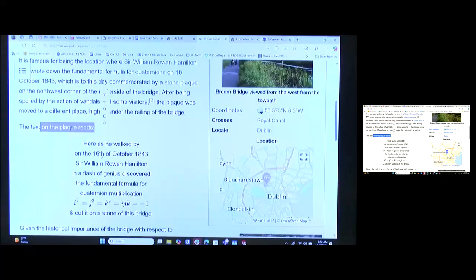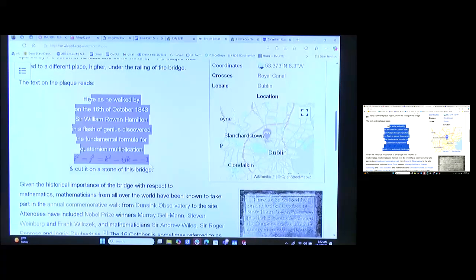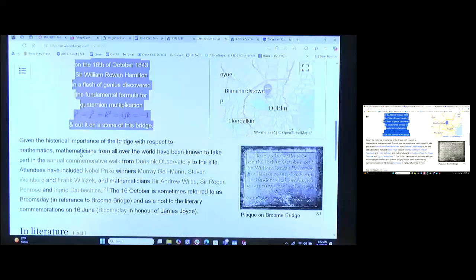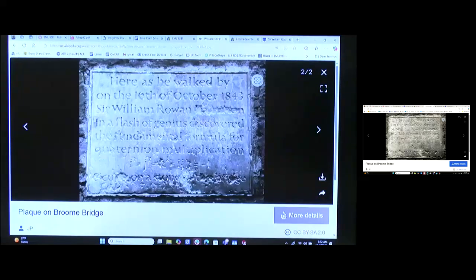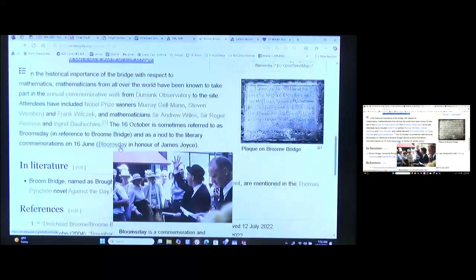There's a plaque now, so I guess the part that he carved isn't there anymore. The plaque says, as he walked, a flash of genius, the fundamental formula is cut on a stone on this bridge. Oh, and here's the plaque. Holy cow, even the plaque looks old. I just thought that was kind of a neat story.